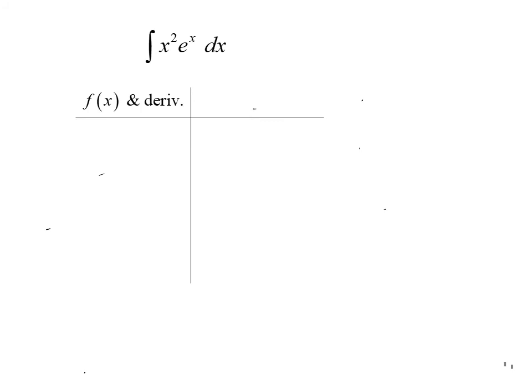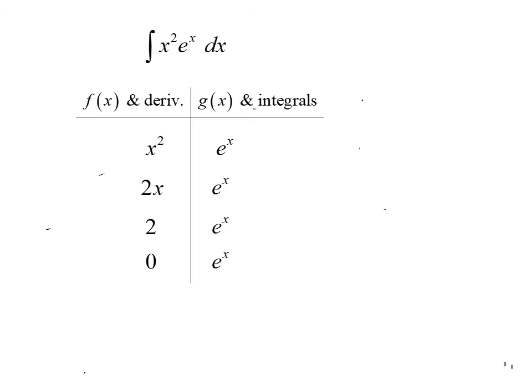Here f of x and its derivative, and here g of x and its integral. Here for the derivative we put x square, right? We differentiate to get 2x, then 2, then 0, and here e power x integrates to the same, e power x, e power x, e power x.